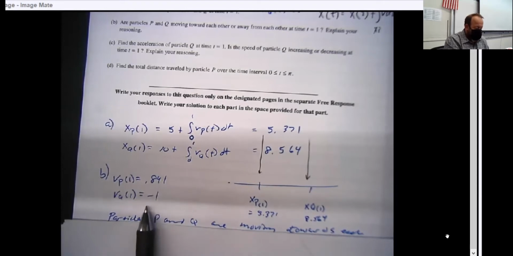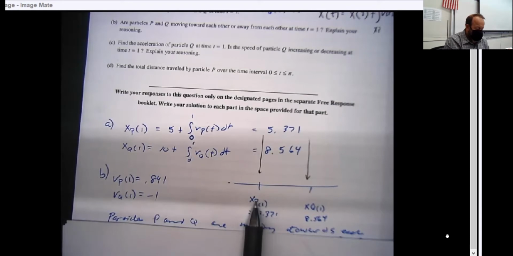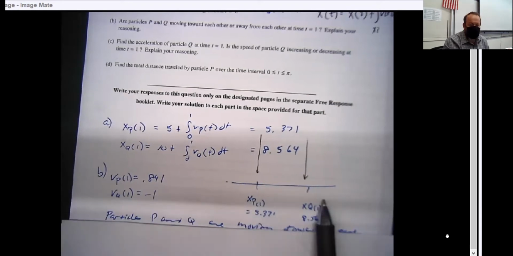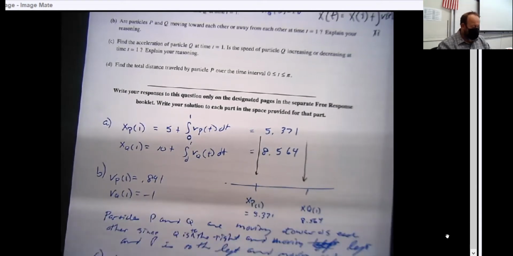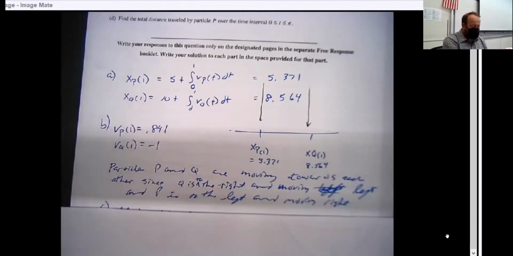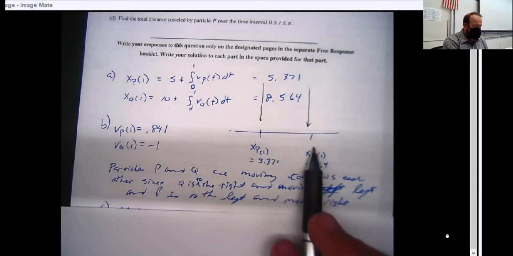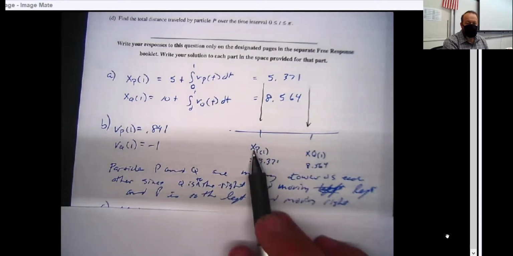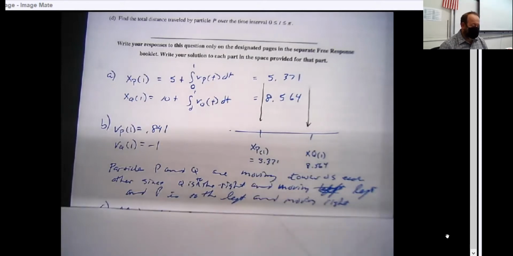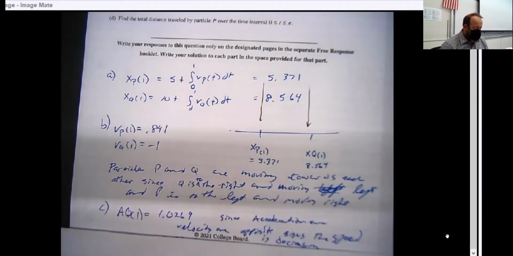Since P is to the left with a positive velocity and Q is to the right with a negative velocity, that chicken scratch there that I made very quickly indicates all that. Since Q is to the right and moving left, and P is to the left and moving to the right, those things are moving towards each other. Now for C, the acceleration, we would want to do the derivative of that.